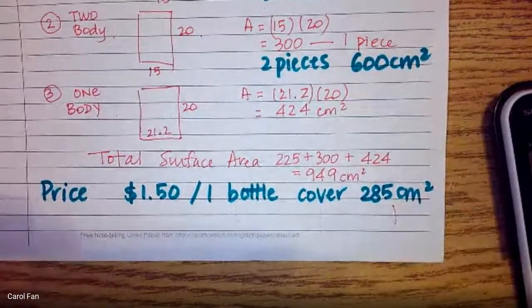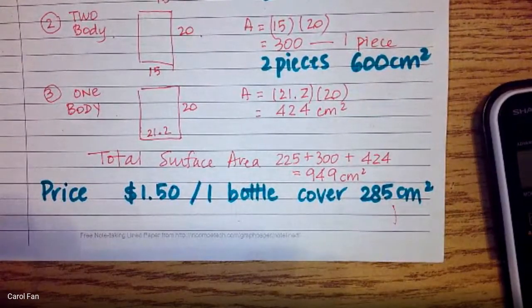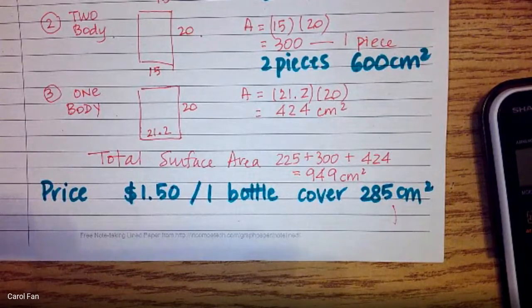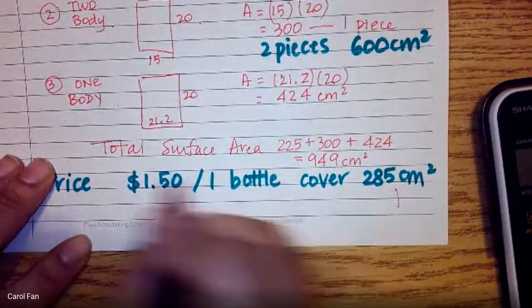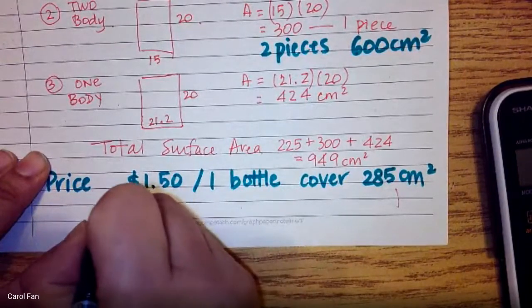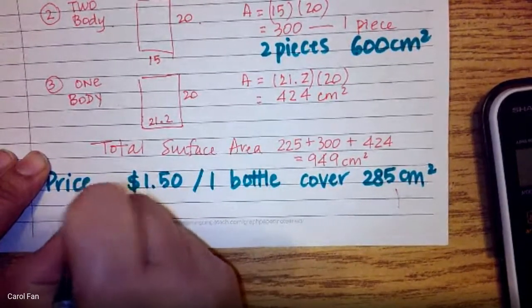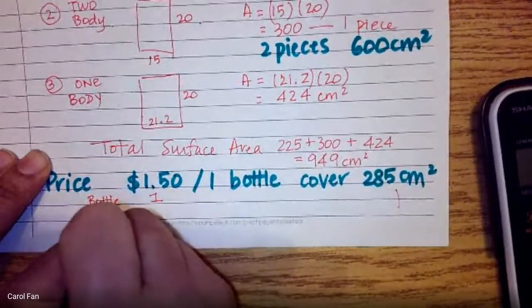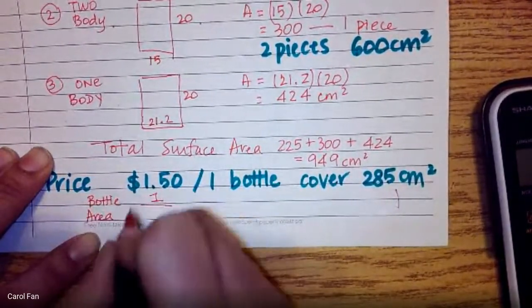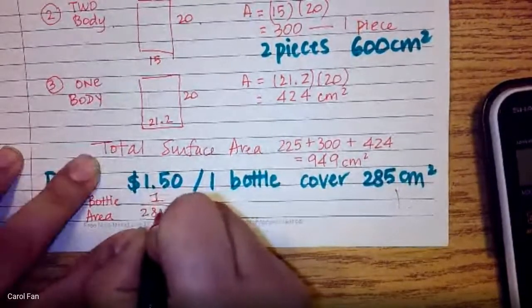Now, how many bottles do I need to purchase? So what we're comparing now is bottles and area. Okay, so let's take the rate of one bottle, gives us the area of 285.